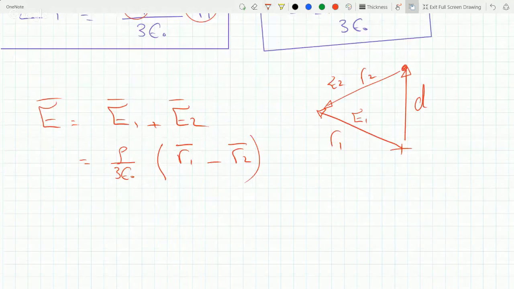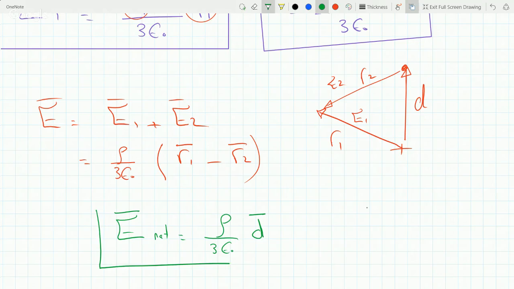And you can see from the figure that r1 minus r2 is just d. So then my E net is equal to rho over 3 epsilon in the d direction, and since d is constant, I have proved that this is a constant field in the overlapping region between the two spheres.